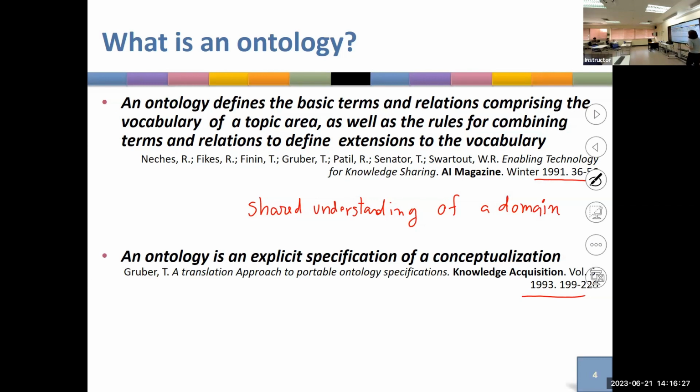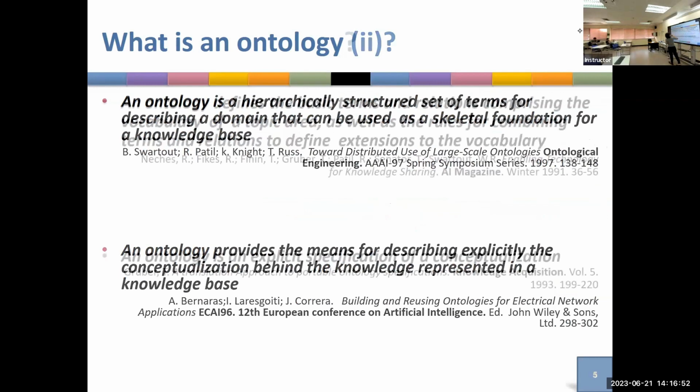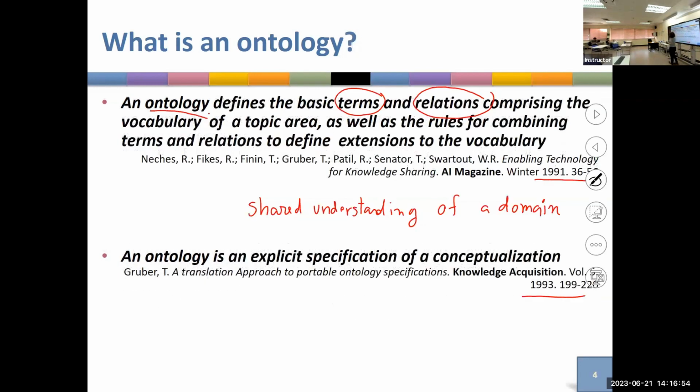Okay, this one is easy to understand. It defines basic terms that people will use to refer to things in a particular domain. Basic relations. Basically what we use in our class, right? Vocabulary.